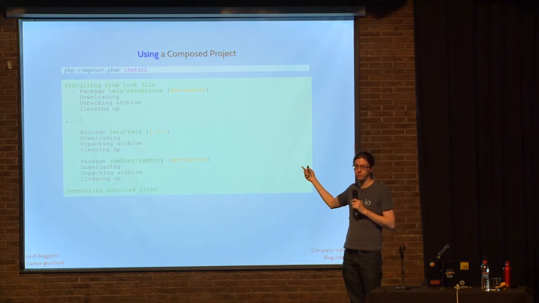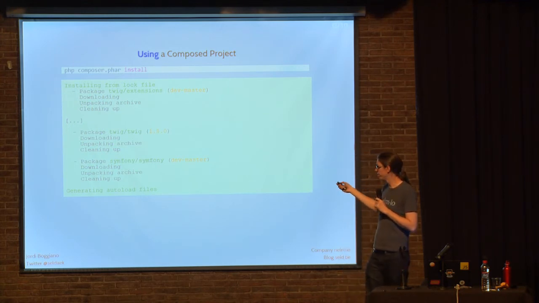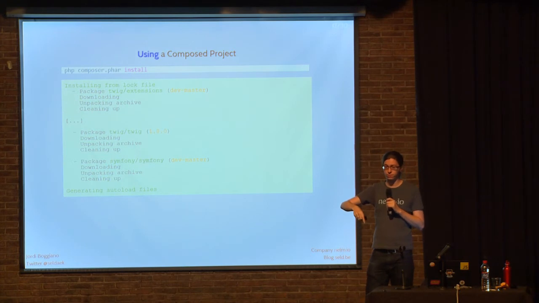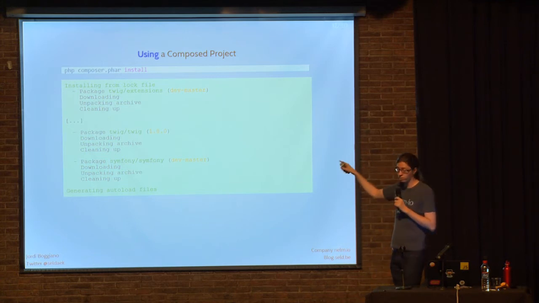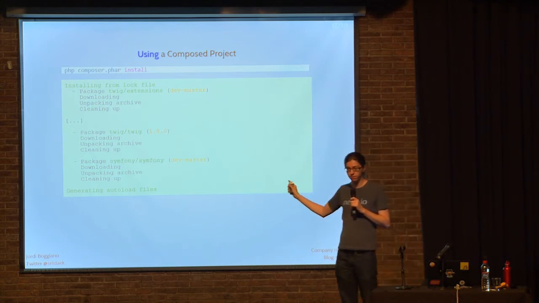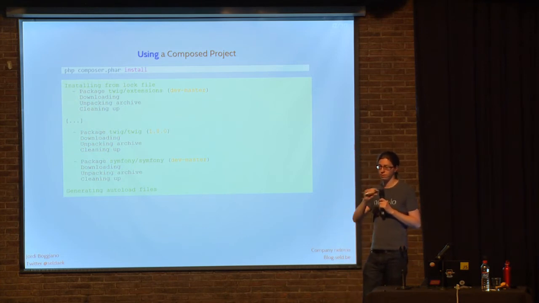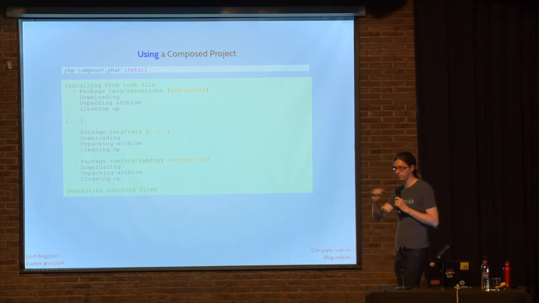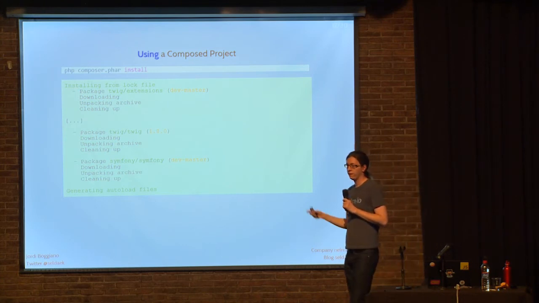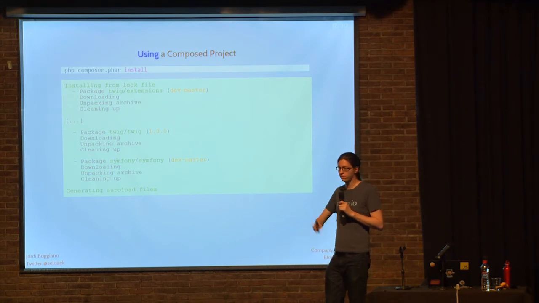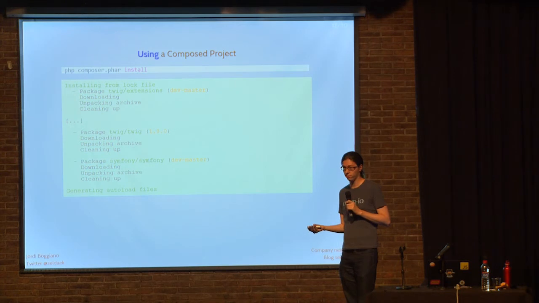And really the basic is that you call PHP and you tell it to execute this composer.phar file, and then there are some arguments. Now, if you call just composer.phar directly, if you're on a Unix system, it will work, because there is this shebang line on top that tells it should be executed with PHP. If you rename the composer.phar to composer, you can just call it directly, it still works.